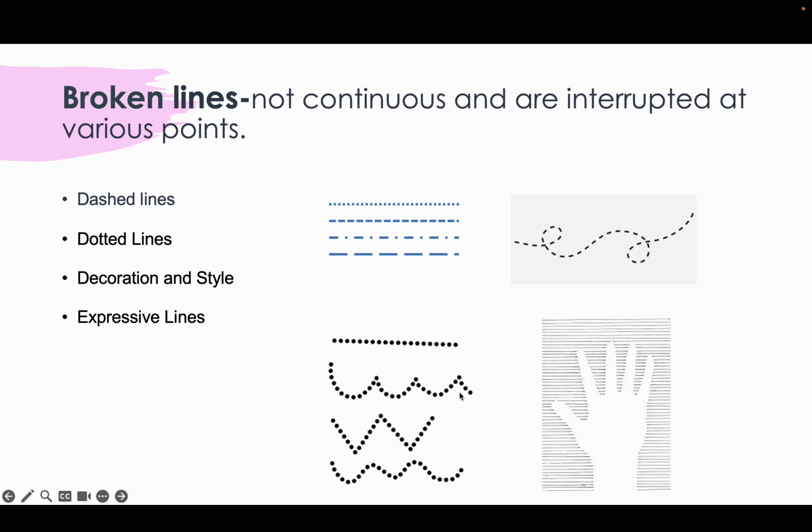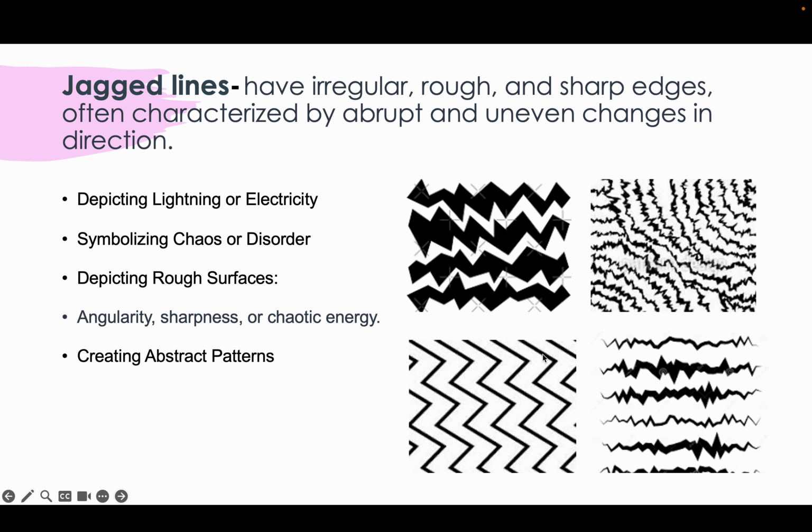They are commonly used in technical drawing. When you draw a diagram or a map, they are usually used to present boundaries, paths, or connections. The breaks in the line can make a composition feel more dynamic and lively.